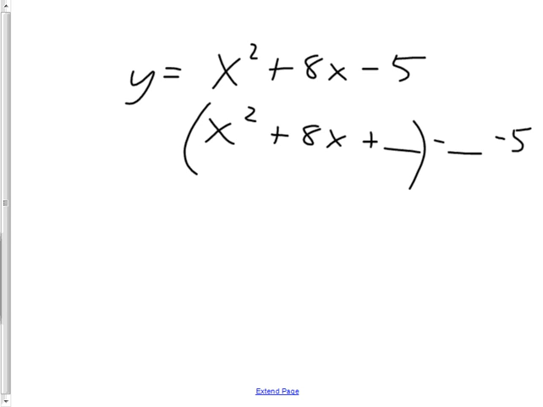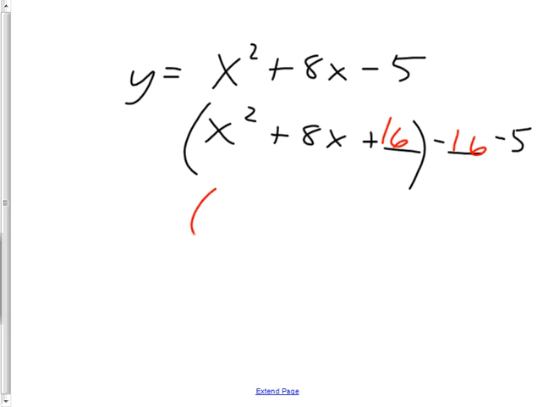See where I am. All right, so we do half of 8 is 4, and I go 4 squared is 16 and 16.